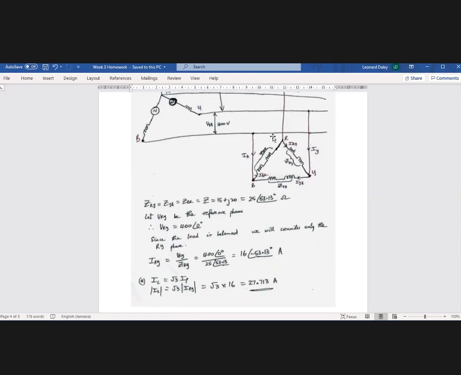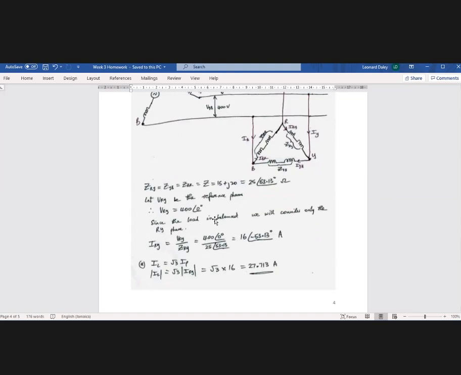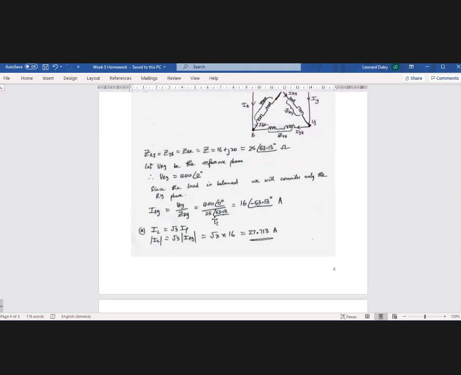Now, since the load is our primary focus, I use the phase voltage at the load as my reference voltage. So the reference phasor for the delta system is VRY, which is 400 angle 0. Since the load is balanced, we only need to consider one phase.